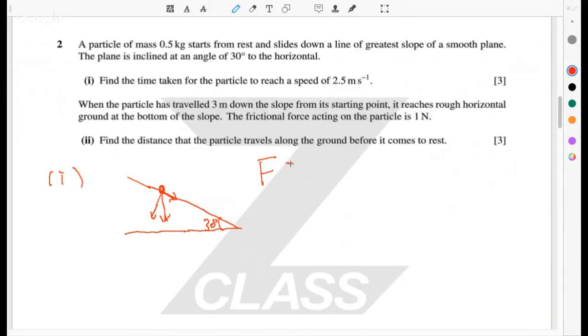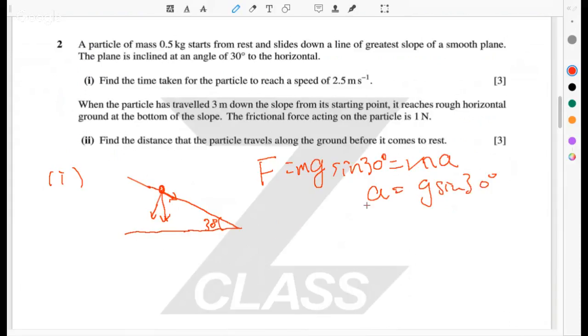So force is equal to mg sine 30, and that would be equal to ma. So a, in this case, would be g sine 30. So in a way, you are taking the gravitational acceleration to be in the direction of the travel of the particle.